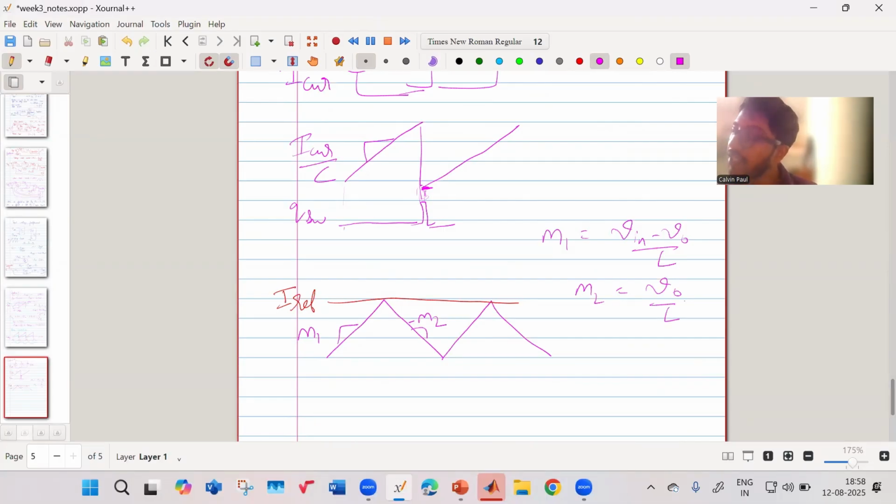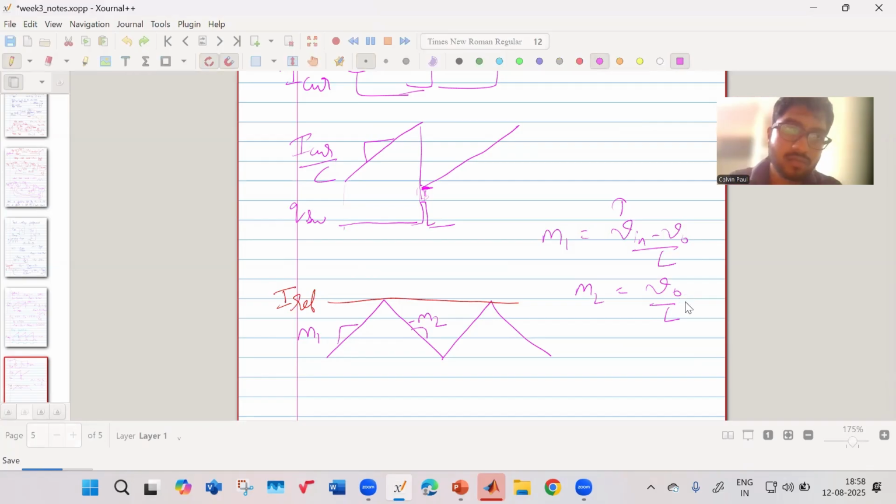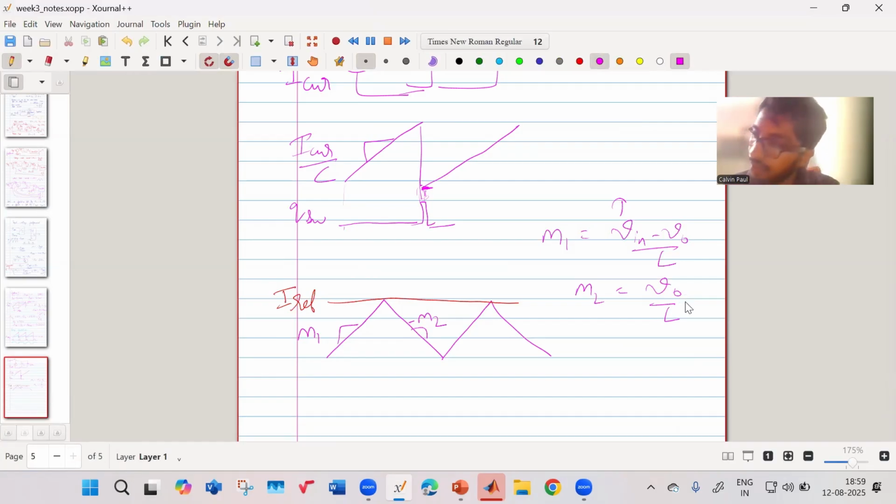Okay. So what happens is when input voltage changes, suppose your input voltage will increase, then what will happen? Can you tell me? That slope will change. Exactly. So that slope will change.